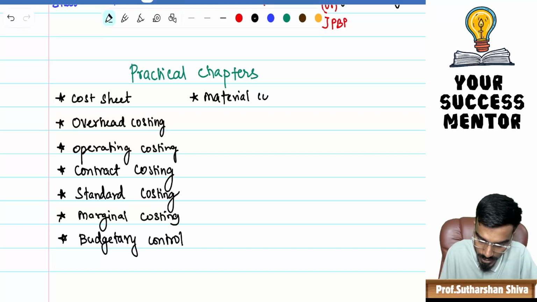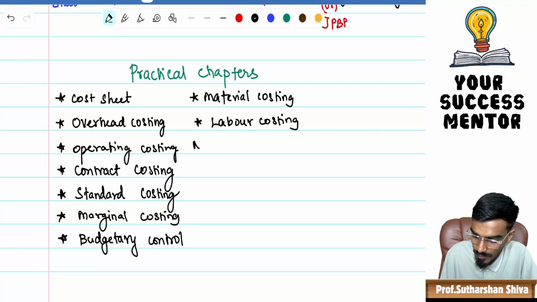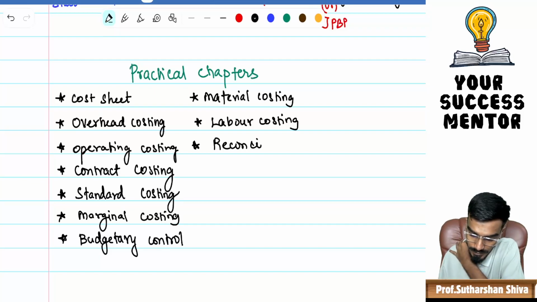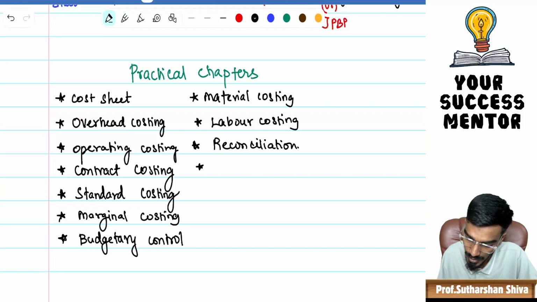Again, you will be having something called material costing, labor costing. Then we will be having something called reconciliation. Then we will be having cost bookkeeping.